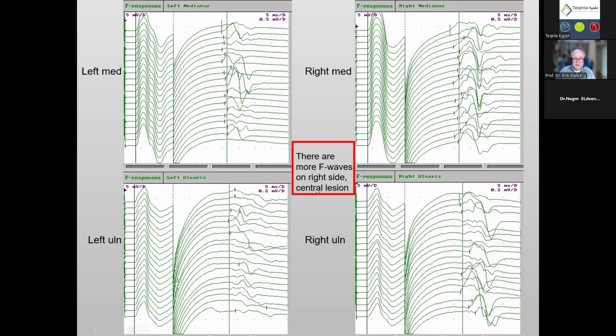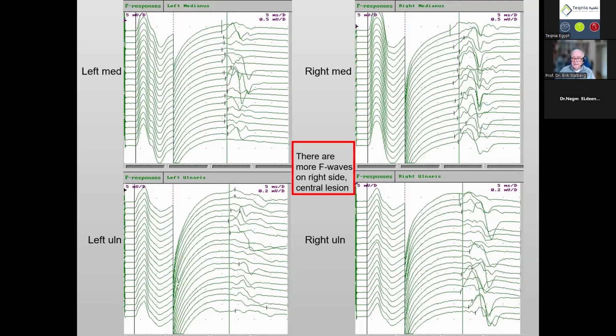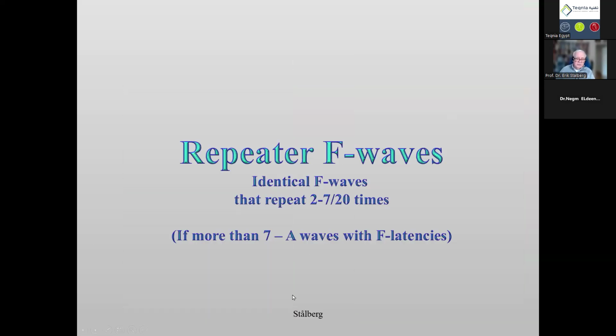And this was a patient with a right-sided central lesion, very slight, and clinically we were uncertain about the reflex asymmetry, but here it is clear that it is an asymmetry. So we can report that and go back and check our patient clinically. It is extra information that we get from the CMAP.